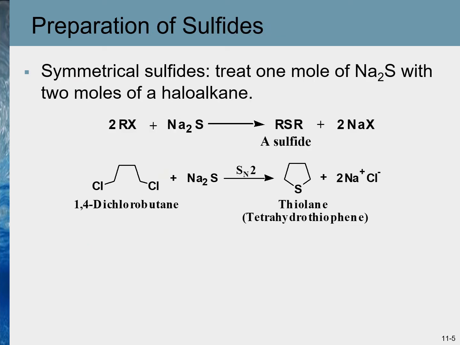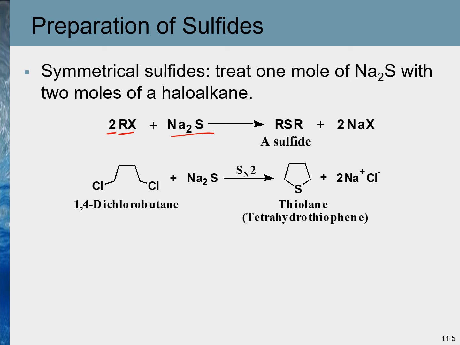Symmetrical sulfides can be prepared by reaction of 2 moles of alkyl halide with sodium sulfide. Symmetrical sulfides are those in which the alkyl group on either side of the sulfur atom is the same.